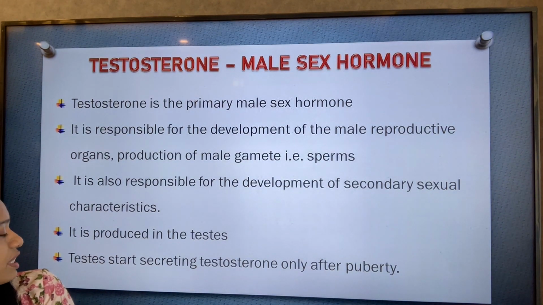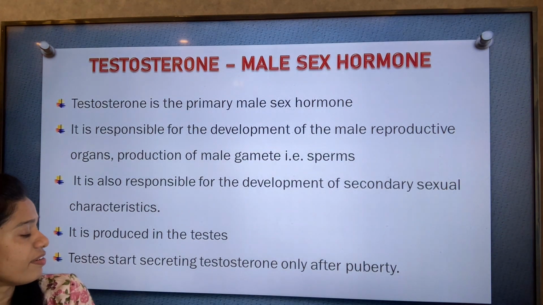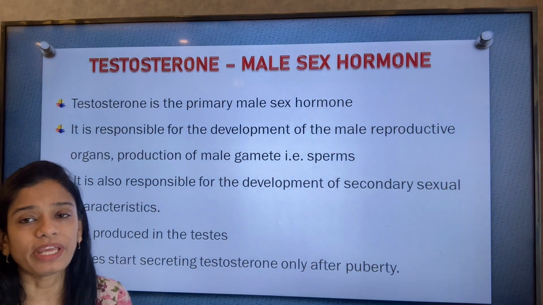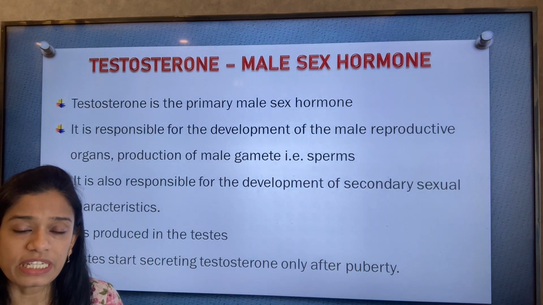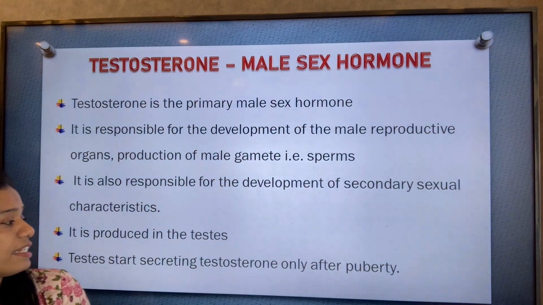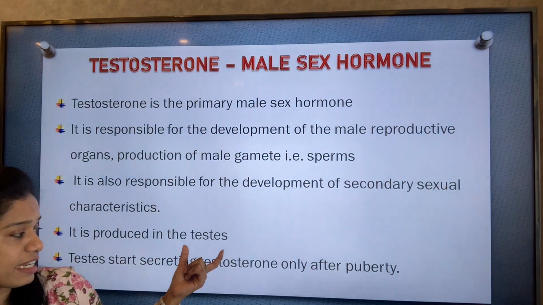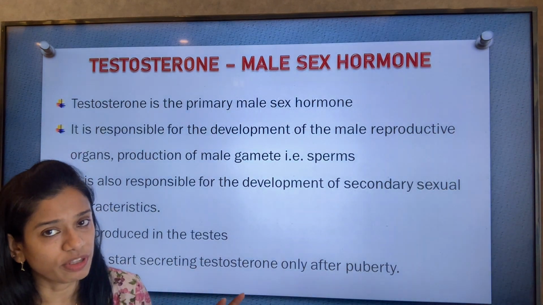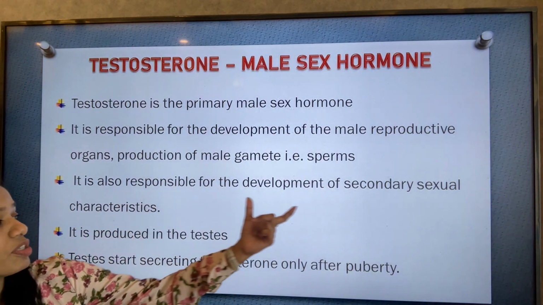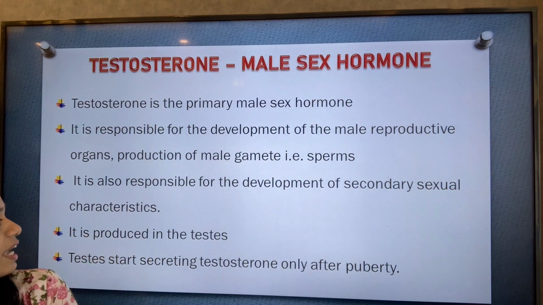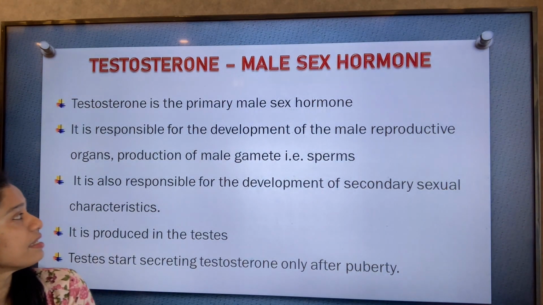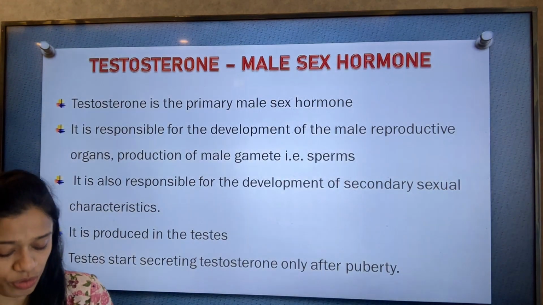It is produced in the testis, and the testis starts secreting testosterone only after puberty, that is, only after a boy enters the age of puberty. Secretion takes place in the testis only after there is signaling from the pituitary gland. Male gametes, the sperms, are also produced from the same testis along with testosterone.